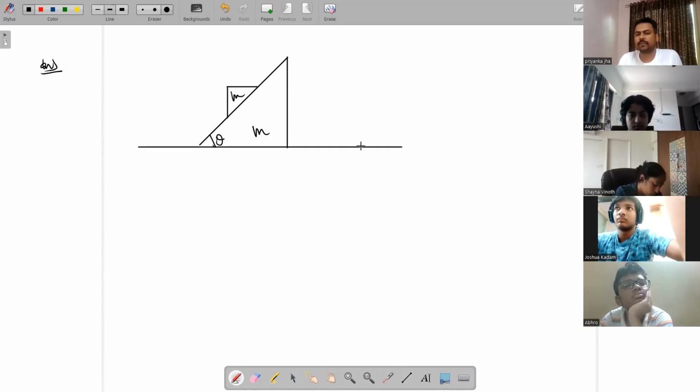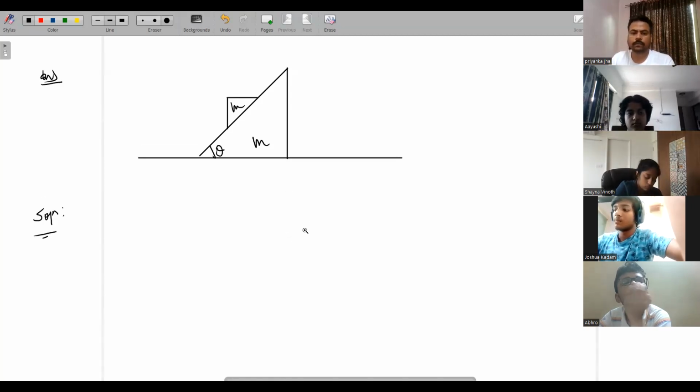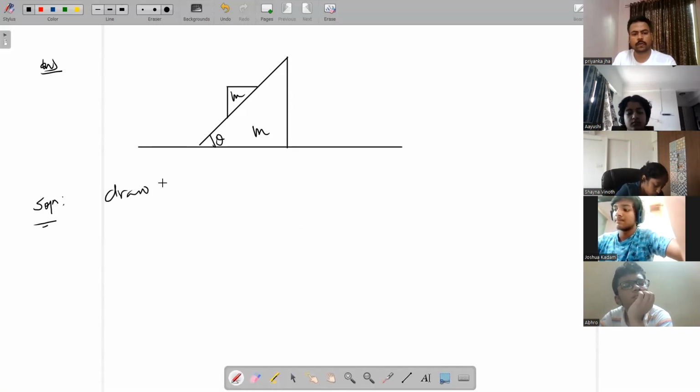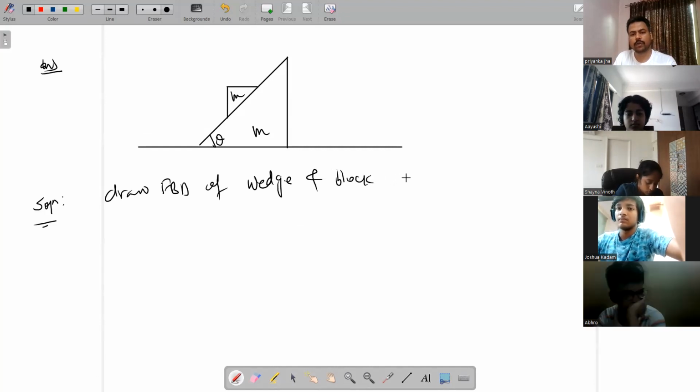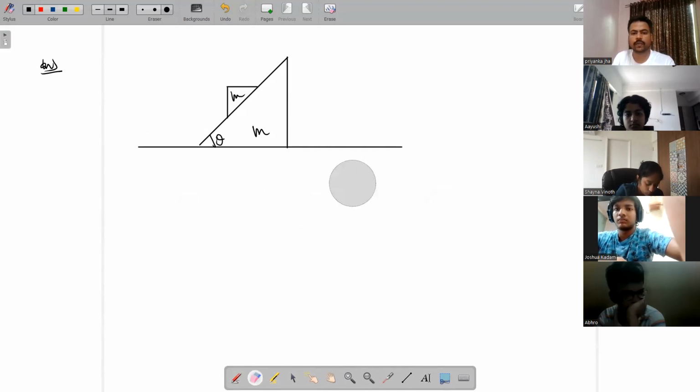But before that, step by step, we will go. First we'll draw a FBD of the wedge and block. Okay, we'll do that, don't worry.